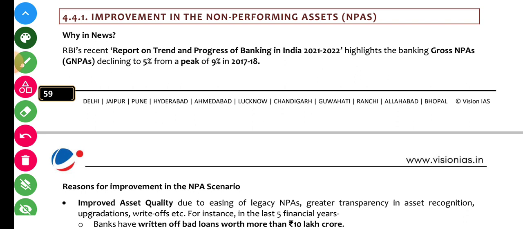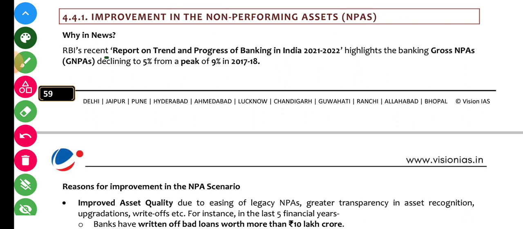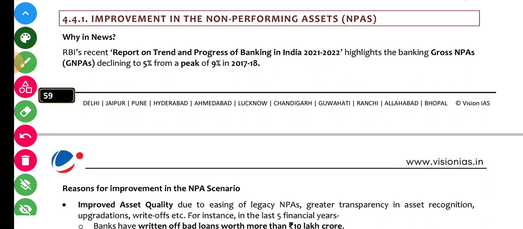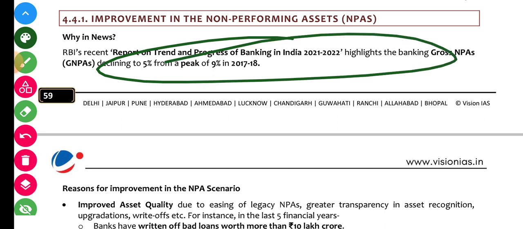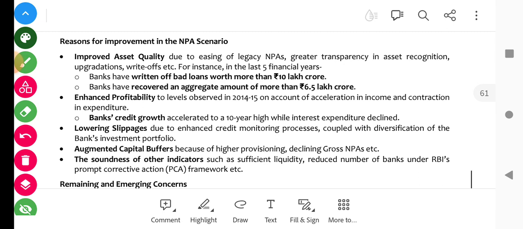Next is the improvement in non-performing assets. The Report on Trend and Progress of Banking in India 2021-22 highlights that banking gross NPAs declined to 5% from a peak of 9% in 2017-18. So keep this in mind. NPAs have been decreasing since 2017-18, the last 5 to 6 years.